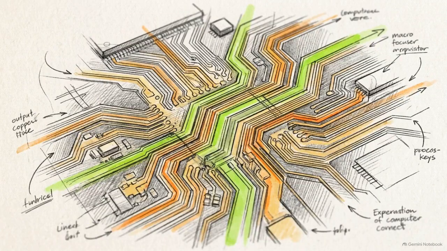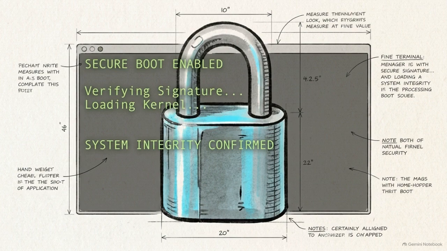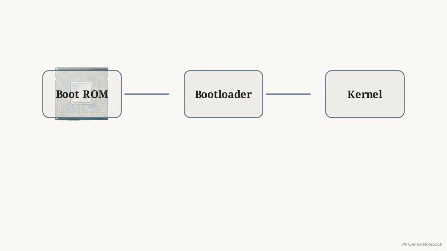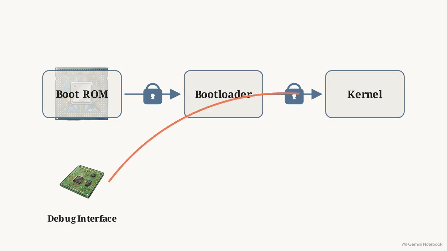Let's start at the absolute bottom of the stack, the physical hardware. When you power on a modern device, it initiates a sequence called secure boot to prevent unauthorized code from running. An internal boot ROM verifies the first-stage bootloader's signature, which then verifies the kernel, creating a chain of trust. However, debug interfaces left open on production boards allow an attacker to skip the line, bypassing the cryptographic checks entirely.